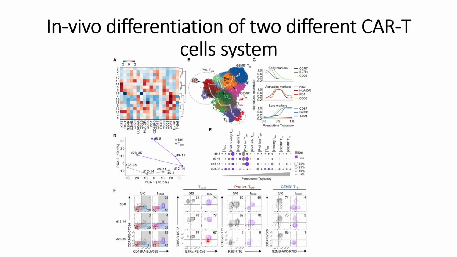Also, this trajectory indicates how the different T cell populations play a role, or how T cell differentiation occurs when the standard CAR T cells or Tscm based CAR T cells are infused into the patient.